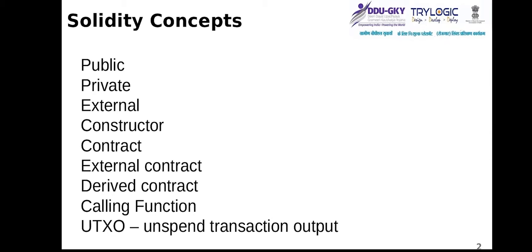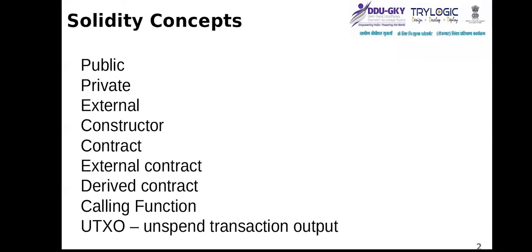Then the derived contract: as in the concept of inheritance, we derive the properties of the parent to the child. So we have the parent contract and the child contract, and the child contract can derive the properties of the parent contract.